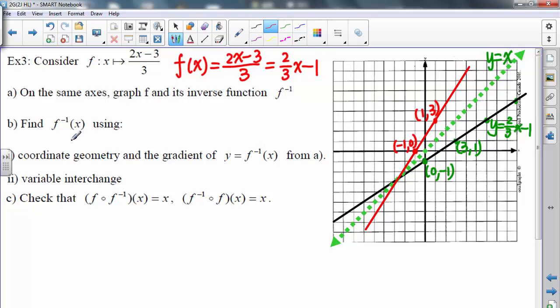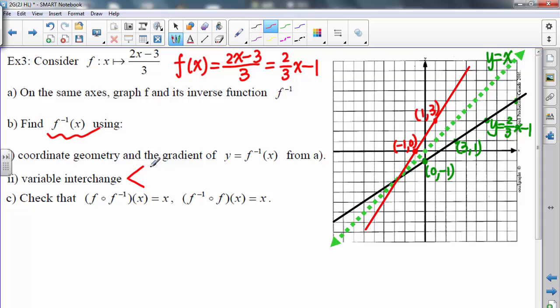So question B, the question is asking me to use 2 different methods to find its inverse. The first method is the math 10 method. If you know 2 points, you can find the line equation. The second method involves 2 steps.